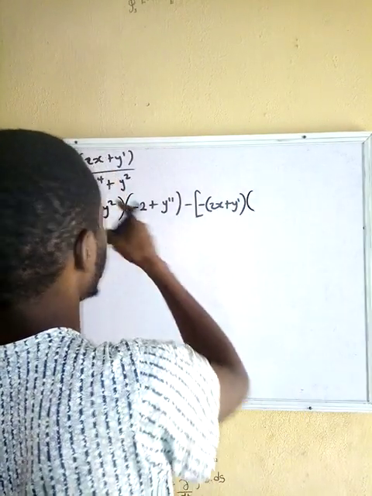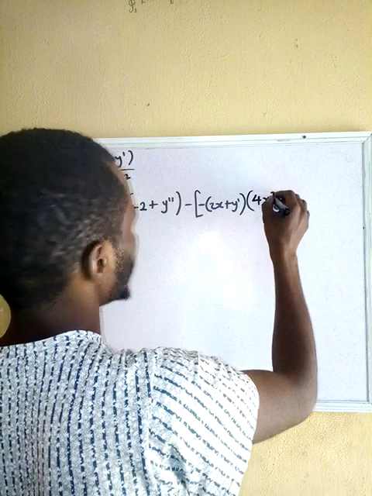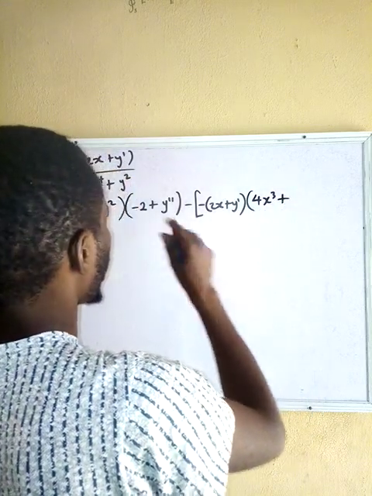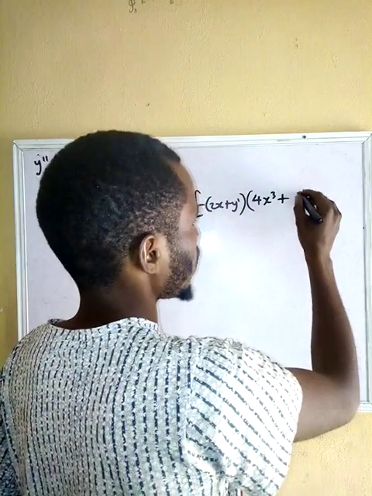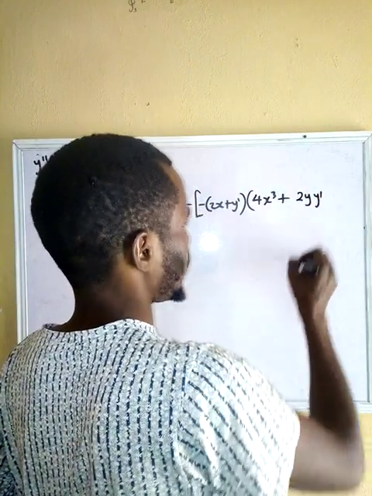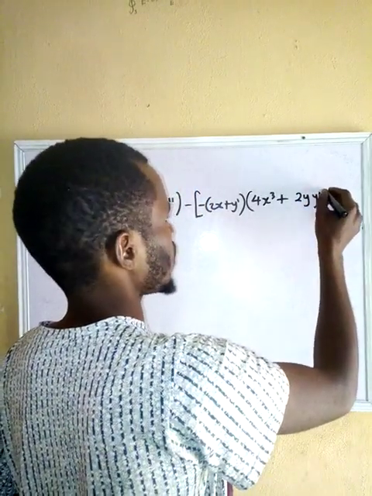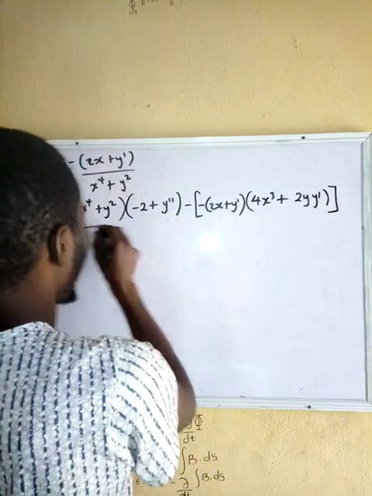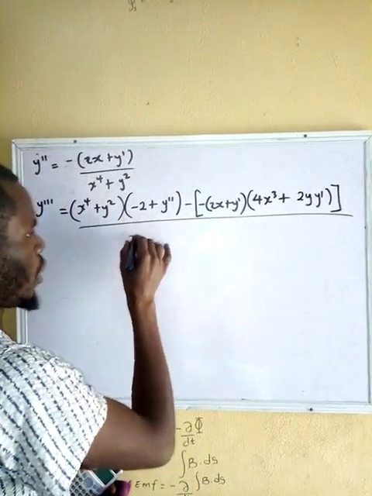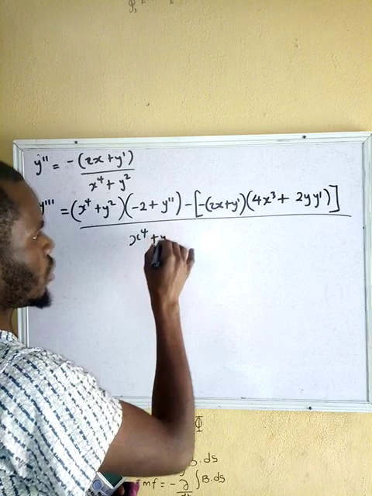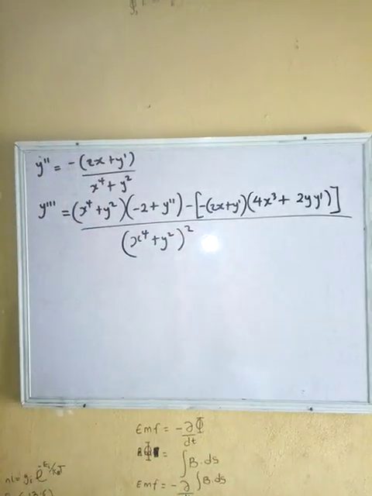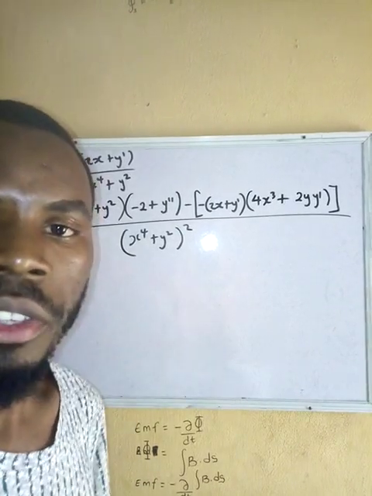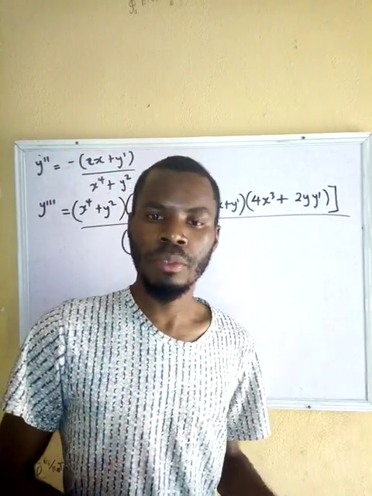If I differentiate the bottom, we are going to have 4x cubed plus, now differentiating y squared implicitly, I will obtain 2y y prime, then all over bottom squared. The bottom, I'll just square it. So this is the third derivative of our problem.